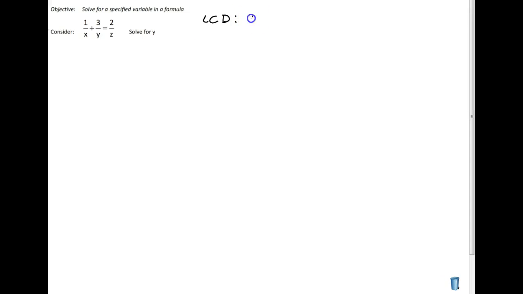So in this case, the LCD is x times y times z. So we're going to multiply both sides of the equation times the LCD, which is x times y times z, in order to eliminate our denominators, x, y, z.